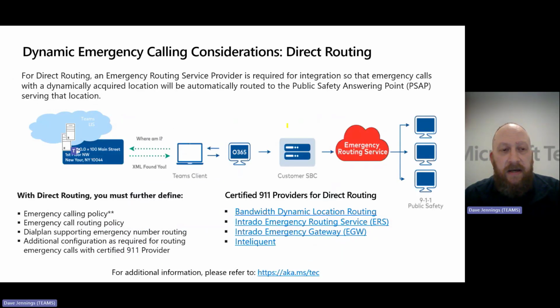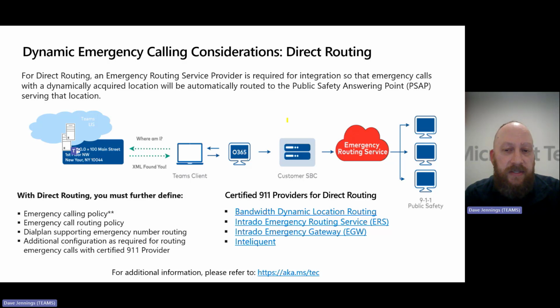And then another final consideration, again, for direct routing specifically, is that if you, unlike calling plans where Microsoft will provide the emergency service provider service for you as part of that license and that enablement.